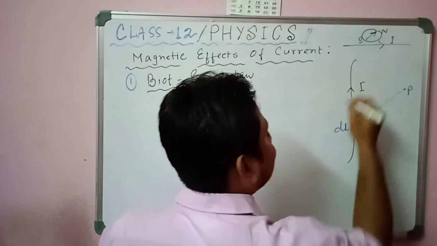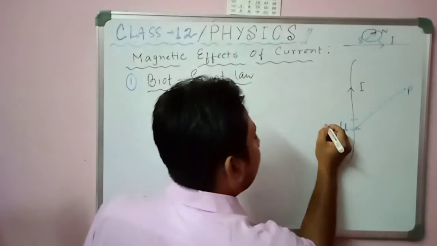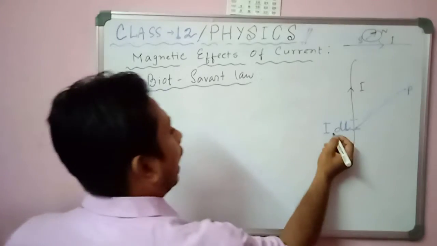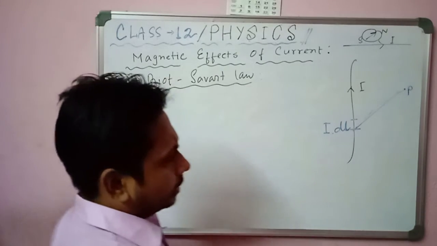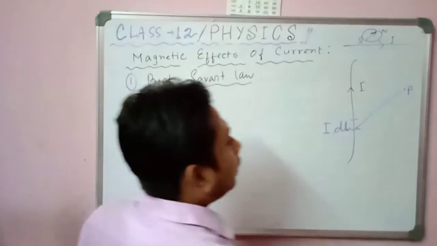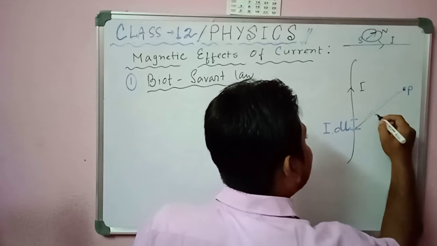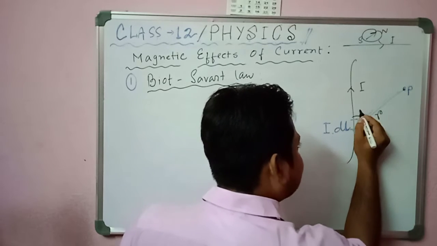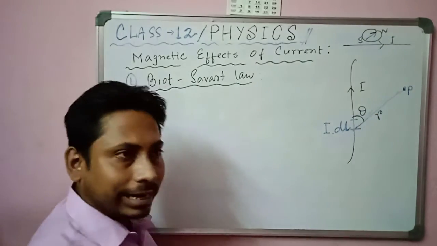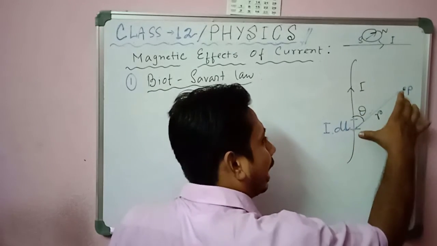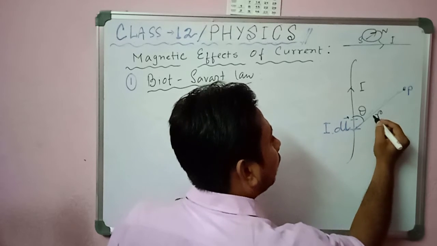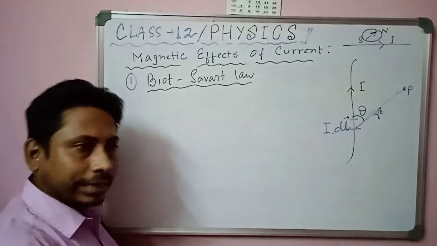As current flows through the wire, we can write the current element I dl. So we are going to find the magnetic field at point P at a distance r, and this is the angle theta, the angle between the current element I dl and r.